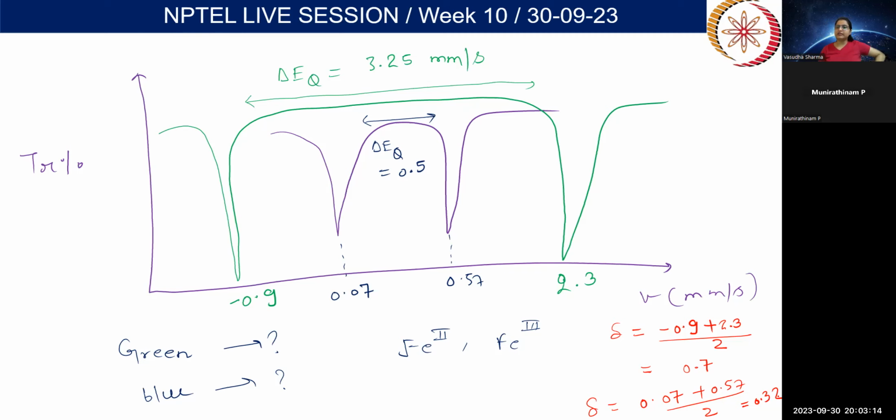Which one is going to have more negative isomer shift? Plus 3 has more negative isomer shift, so that is the lowest value. So 0.32 for Fe plus 3, 0.7 for Fe plus 2. Right. So delta value is 0.7 for Fe plus 2 and delta value 0.32 for Fe plus 3. If this is 0.32, that means this blue trace is for iron 3 and this green trace is for iron 2.